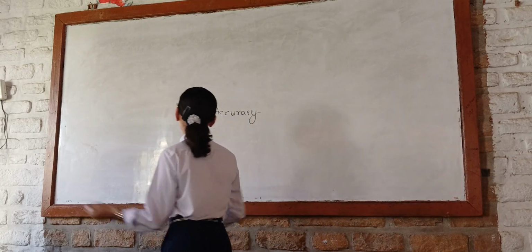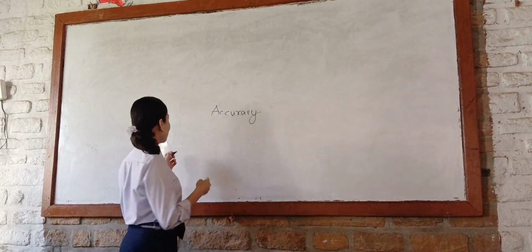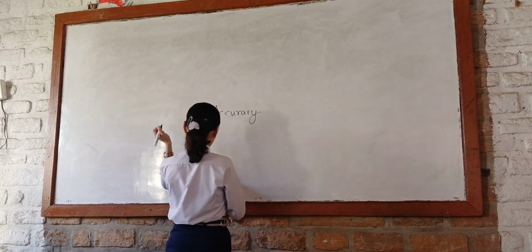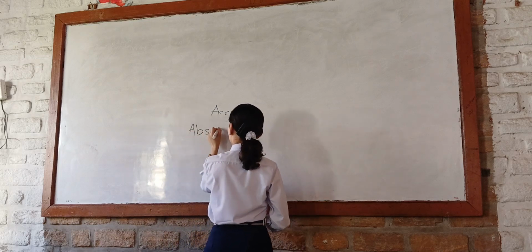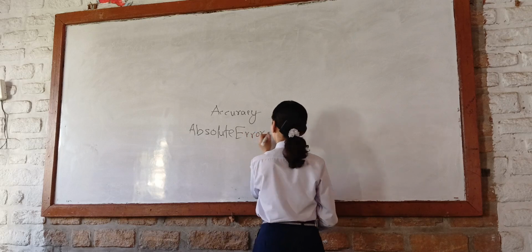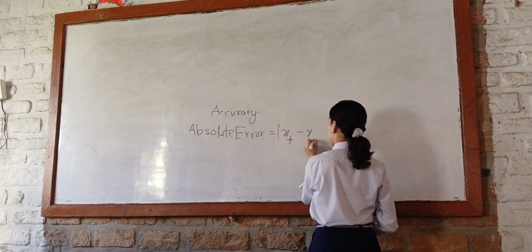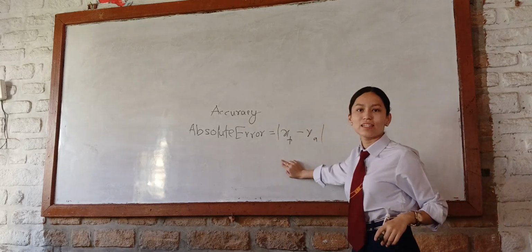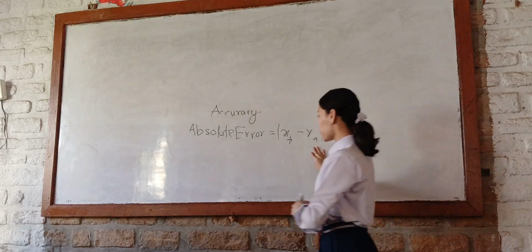We can get the accuracy by the following formula, where xt is the true value and xa is the approximate value.